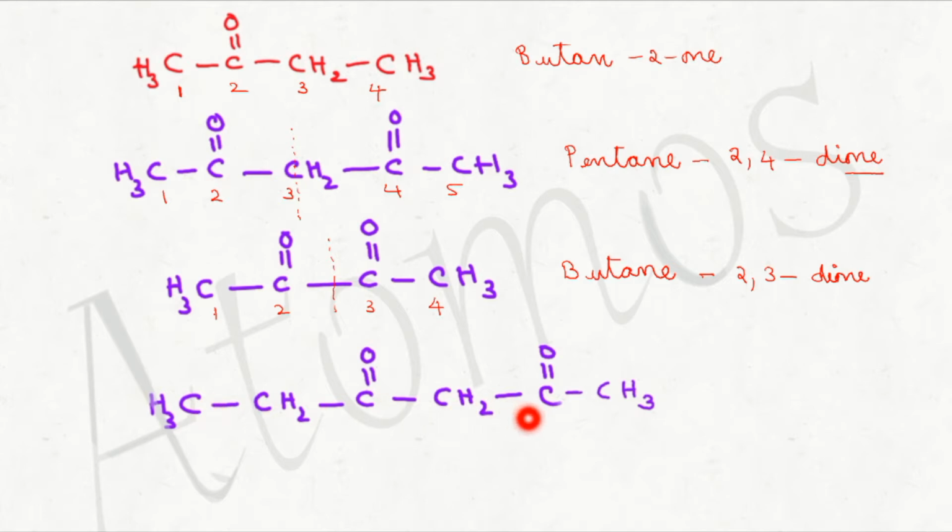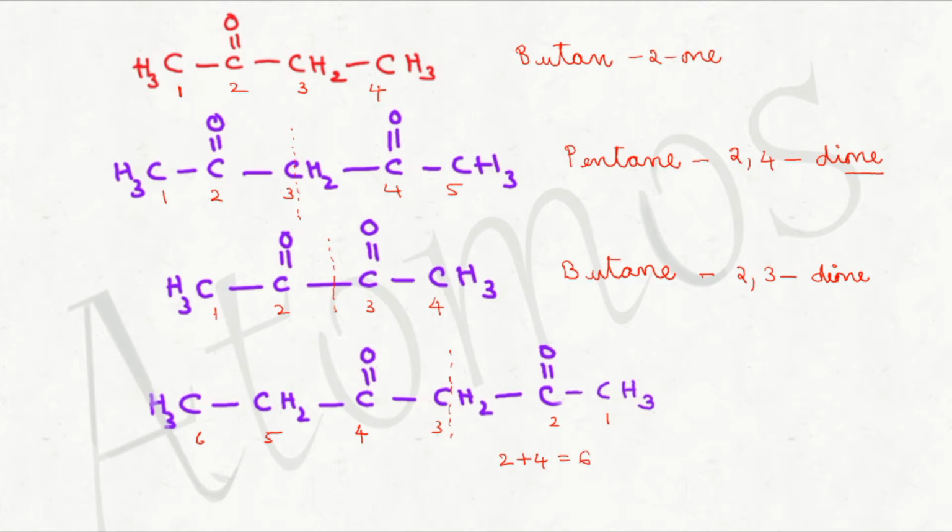What about the next one? Here, the problem is that the compound is not symmetrical. So how should the numbering be done? If I number from right to left, what will happen? Write and see: 1, 2, 3, 4, 5, 6. The functional group attached carbon atoms will get the numbers 2 and 4. What is the sum? 2 plus 4 is equal to 6.